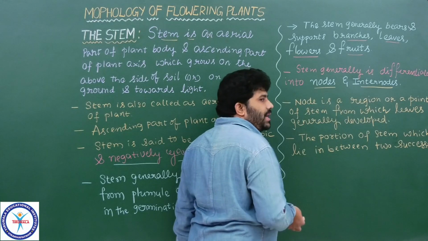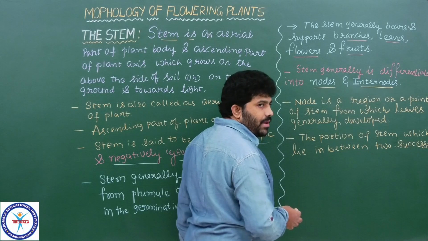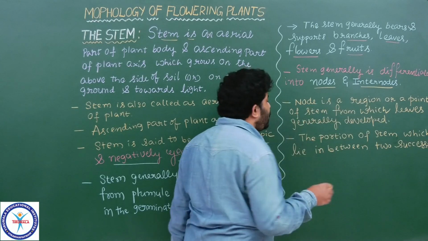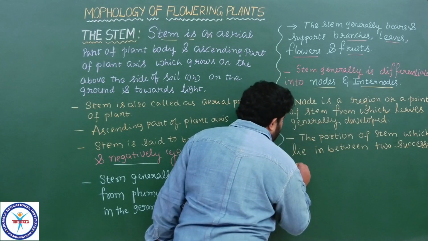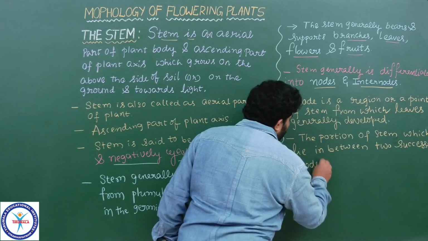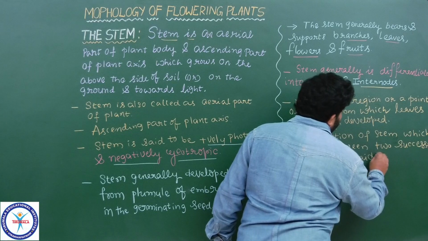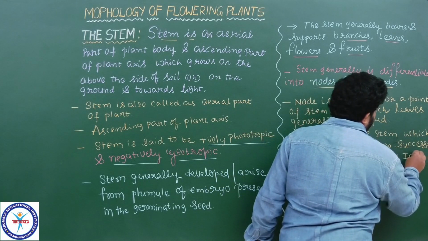We should not skip two or three nodes. Node immediately after the node nearby. So the portion of the stem we see between those two nodes is called an internode. So the portion of the stem which lies between two successive nodes is said to be an internode.